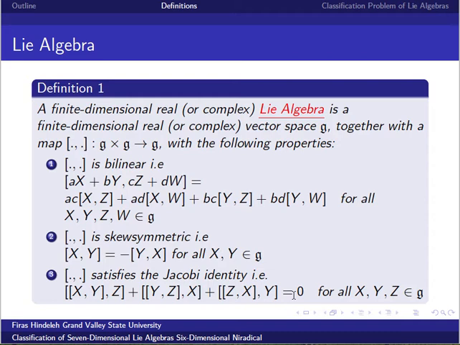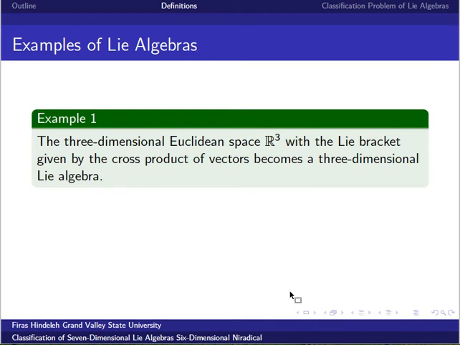And so I'll leave this as an exercise for you to check that certainly it will satisfy the Jacobi identity no matter what xyz you choose in R3. So the first example of a Lie algebra that you've seen before is the space R3 with the cross product on it. So that gives you a Lie algebra of dimension 3.